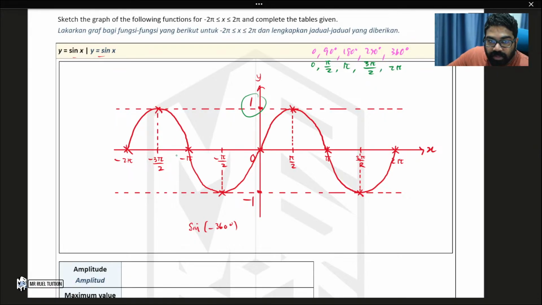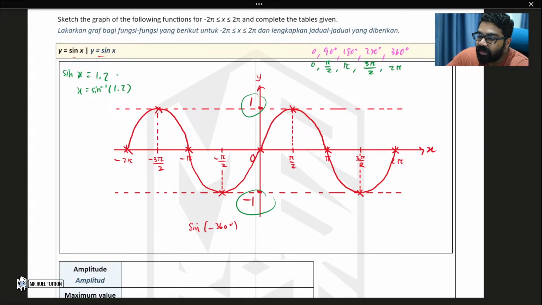The maximum value is 1. The minimum value, for the entire graph, is negative 1. This is why, class, when we work with ratios for sine and cosine, you will never get a value above 1. Let's test it. If sine x is 1.2, find x. Use your calculator: inverse sine of 1.2.